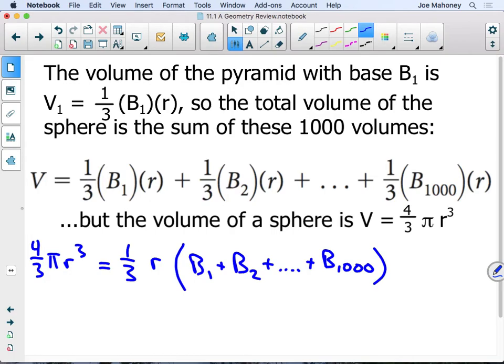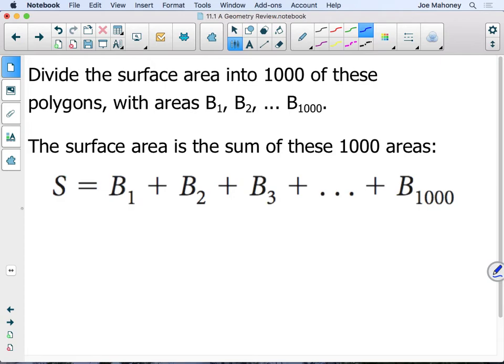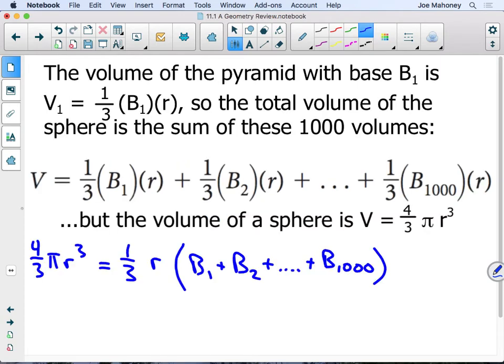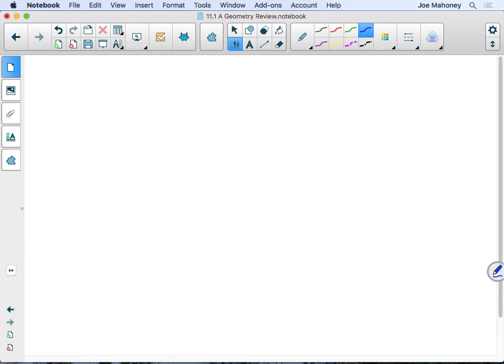Check this out. I know the value in parentheses, b1 plus b2 and so on. That's the surface area of the sphere. So I'm going to rewrite this equation like this. Here's my volume, 4/3 pi r cubed, and that's equal to 1/3 times r times the surface area. Now, let's solve this equation for S, for surface area.